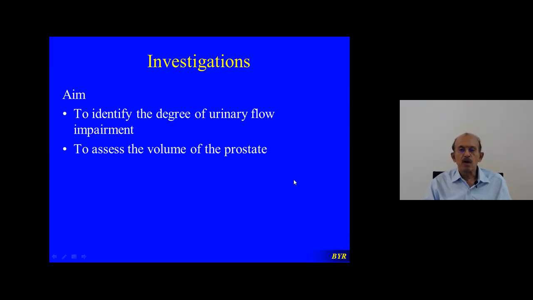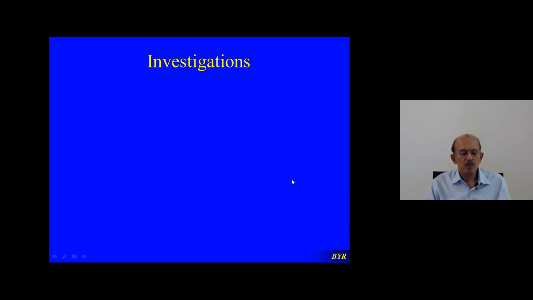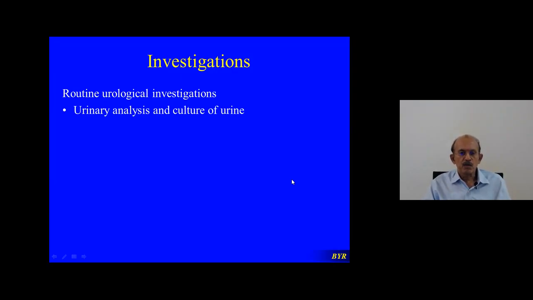Number two, to assess the volume of the prostate. Number three, to differentiate the enlarged prostate from carcinoma. So the investigations are routine urological investigations, that is urinary analysis and culture of the urine, because the frequency and urgency can be there for cystitis also.